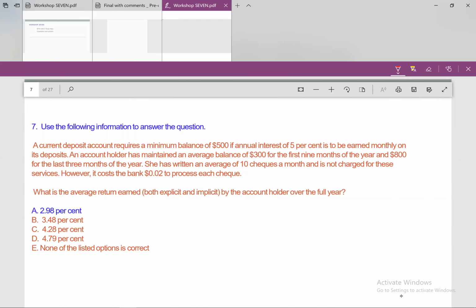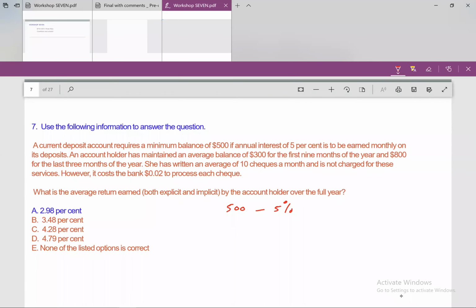Okay, this one, did anybody calculate here? If I am correct, you have this customer who has 500. The bank will give you 5%. Now, we are trying to calculate the implicit interest rate for this customer.